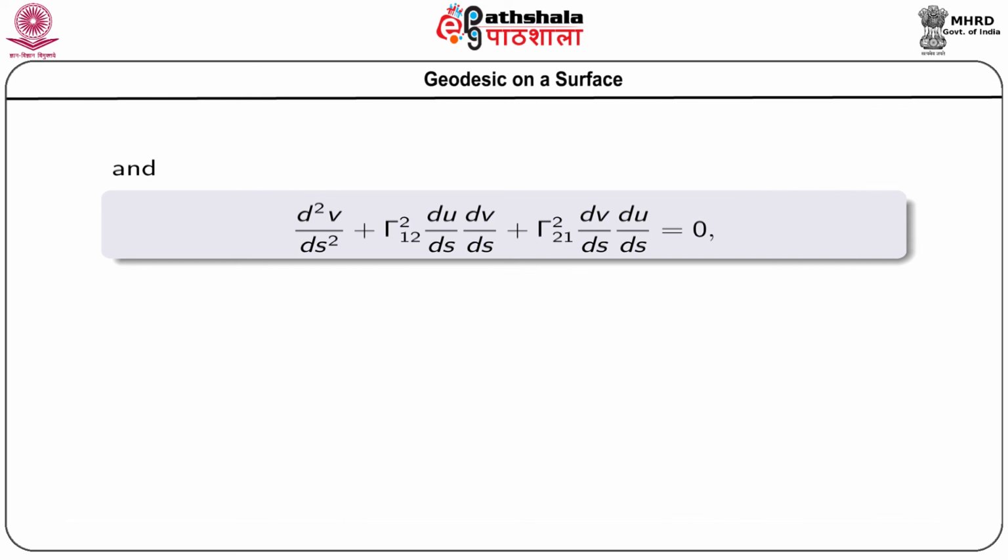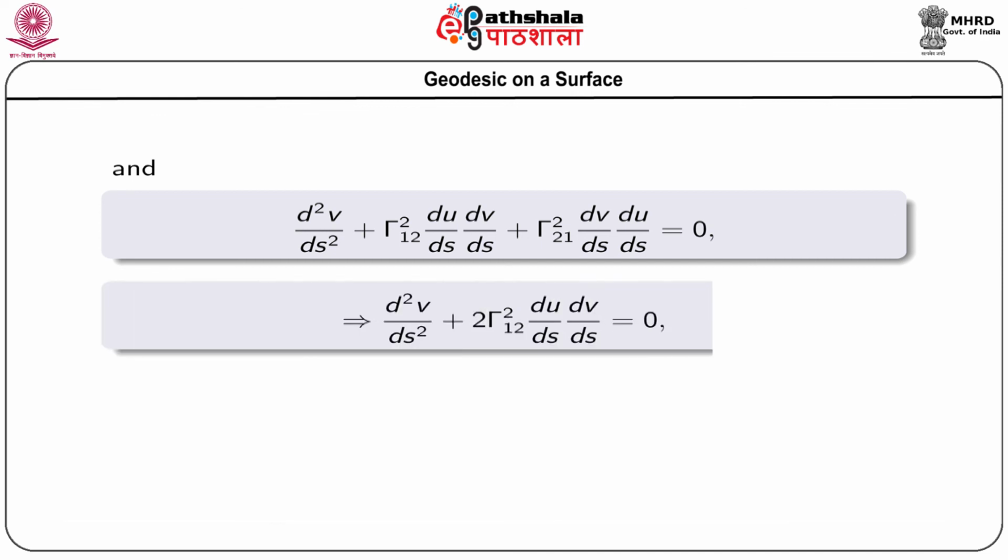And the second equation is coming to this form: d²v/ds² plus Γ^2_12 (du/ds)(dv/ds) plus Γ^2_21 (dv/ds)(du/ds) equals 0. That means, d²v/ds² plus 2Γ^2_12 (du/ds)(dv/ds) equal to 0.